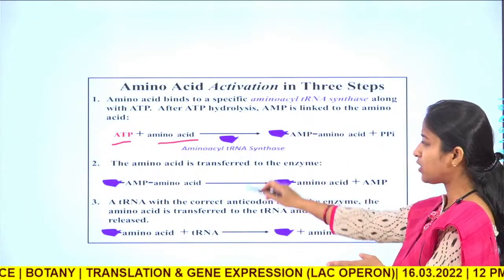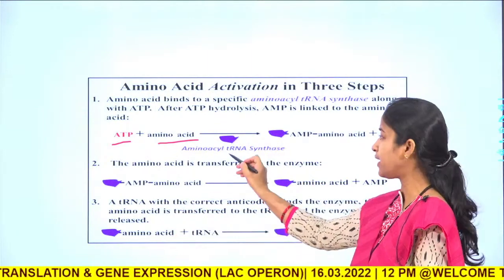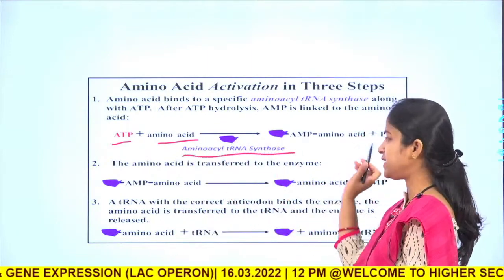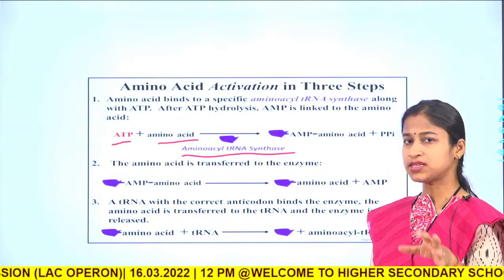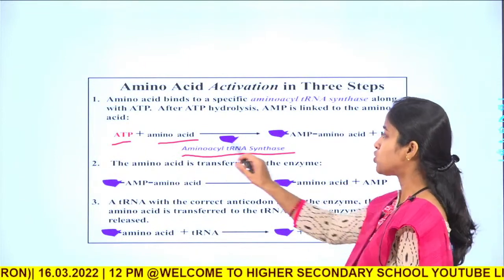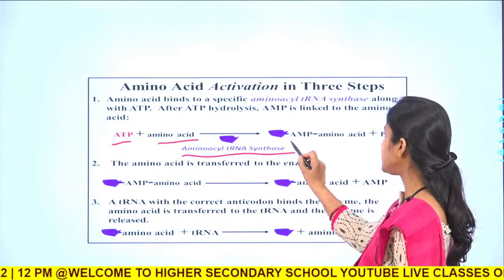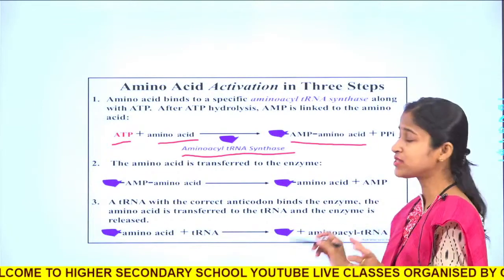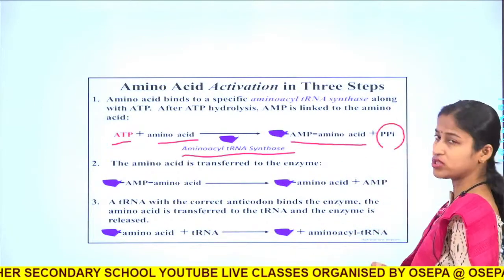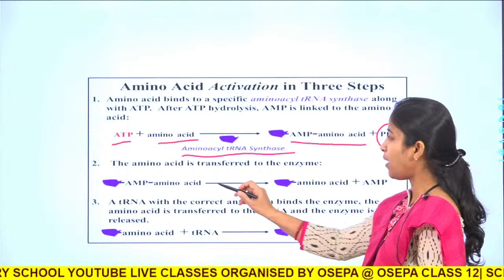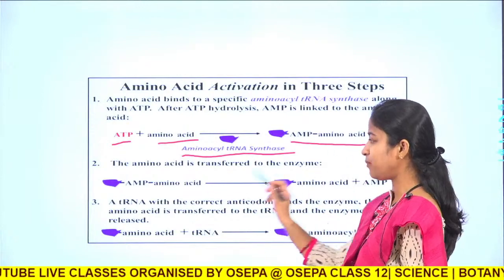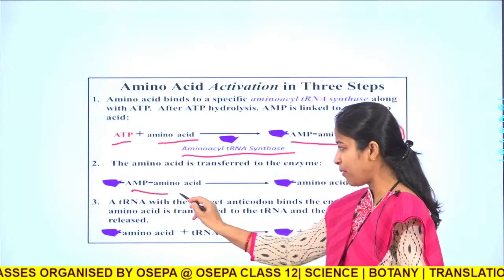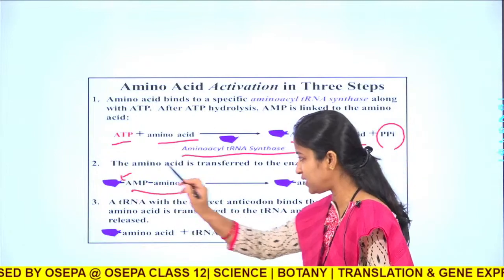The complete set of these 3 reactions is catalyzed by aminoacyl tRNA synthetase. In the last class we have already discussed it. So, ATP plus amino acid forms an AMP-amino acid complex with the removal of a pyrophosphate. Okay. Then this AMP-amino acid is transferred to the enzyme.